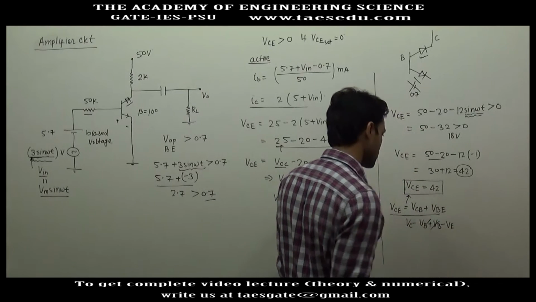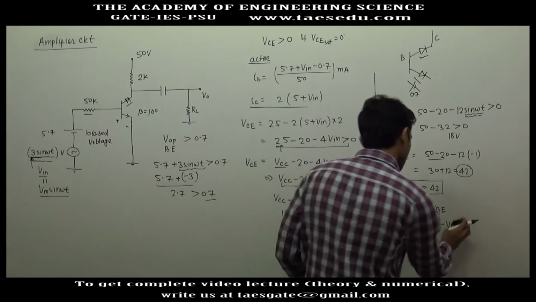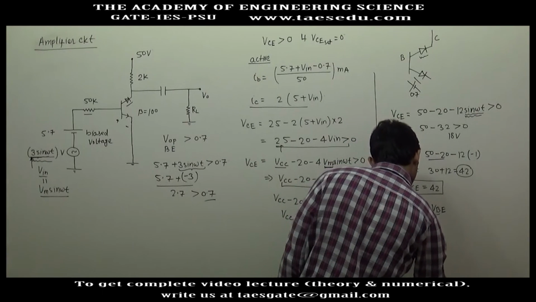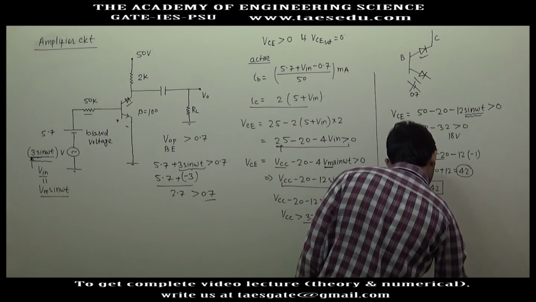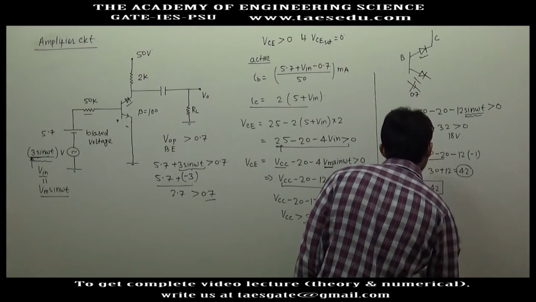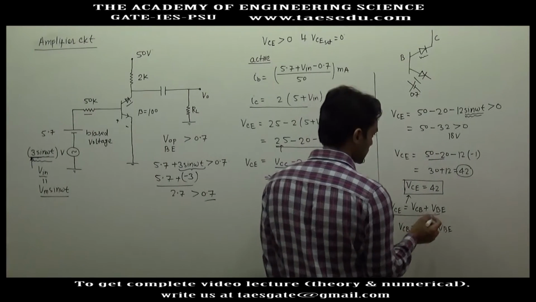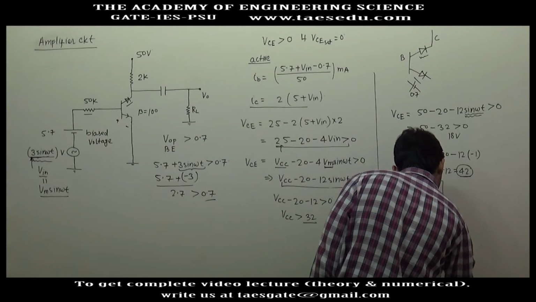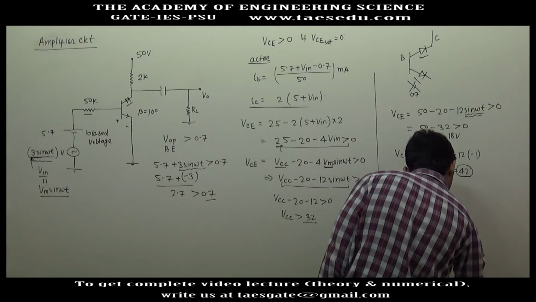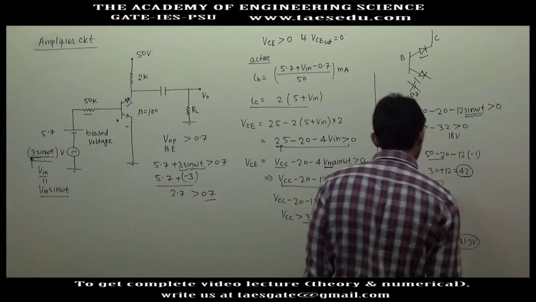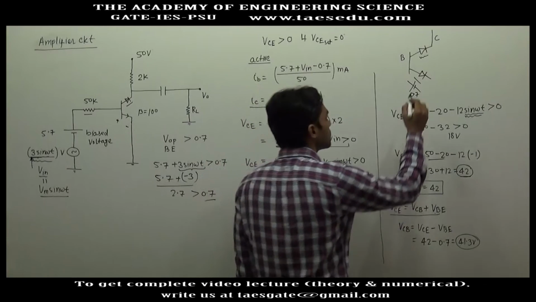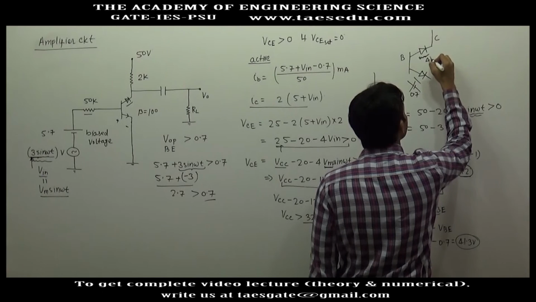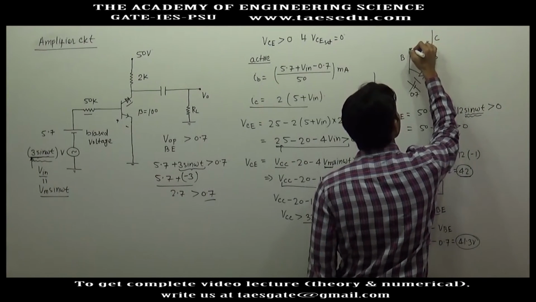So this will give you VCE. So what is the value of VCB? VCE minus VBE. The maximum value of VCE is 42 volt and VBE is 0.7. This will give you 41.3 volt. So the maximum reverse bias voltage across this junction will be 41.3 volt.